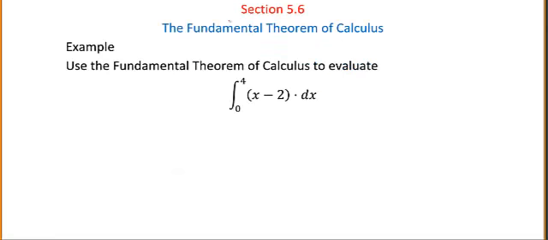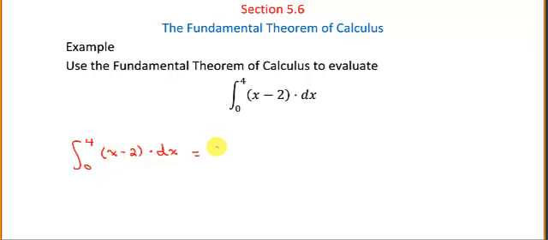In this case, we're going to calculate the integral of the same function, but on a different interval. So remember how this works. The definite integral from 0 to, I'm sorry, not from 0 to 2, from 0 to 4 of x minus 2 times dx is equal to, well, two steps.